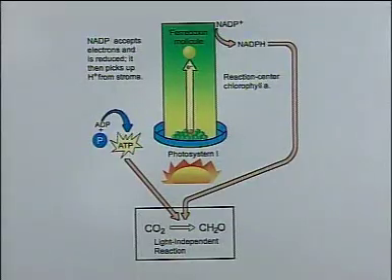Similarly, electrons are also passed along another pigment system called photochemical system 1, where light energy again boosts an electron from the reaction center to a ferredoxin-reducing substance, which subsequently releases it to a nucleotide of adenine, NADP, which in turn is reduced to NADPH, which is used as the source of energy along with ATP to drive the dark reaction. Chloroplasts also have a large central space called the stroma.